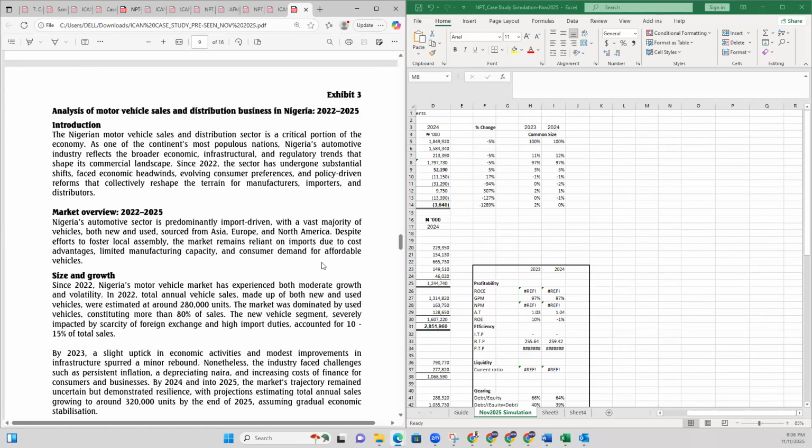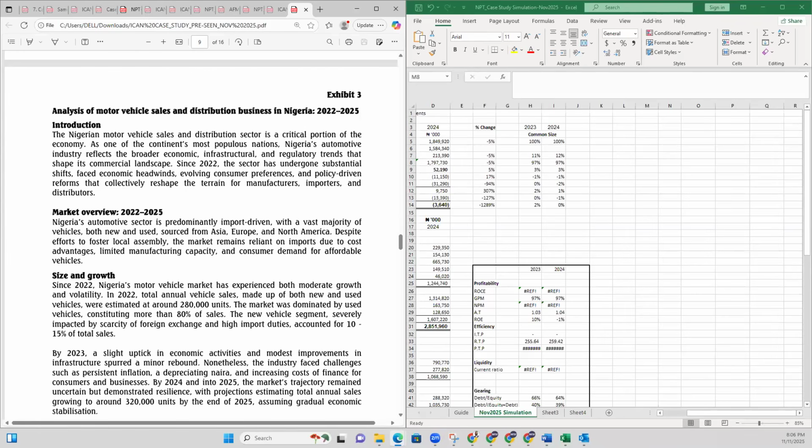Since 2022, the sector has undergone substantial shifts, faced economic headwinds, evolving consumer preferences, and policy-driven reforms that collectively reshape the terrain for manufacturers, importers, and distributors.